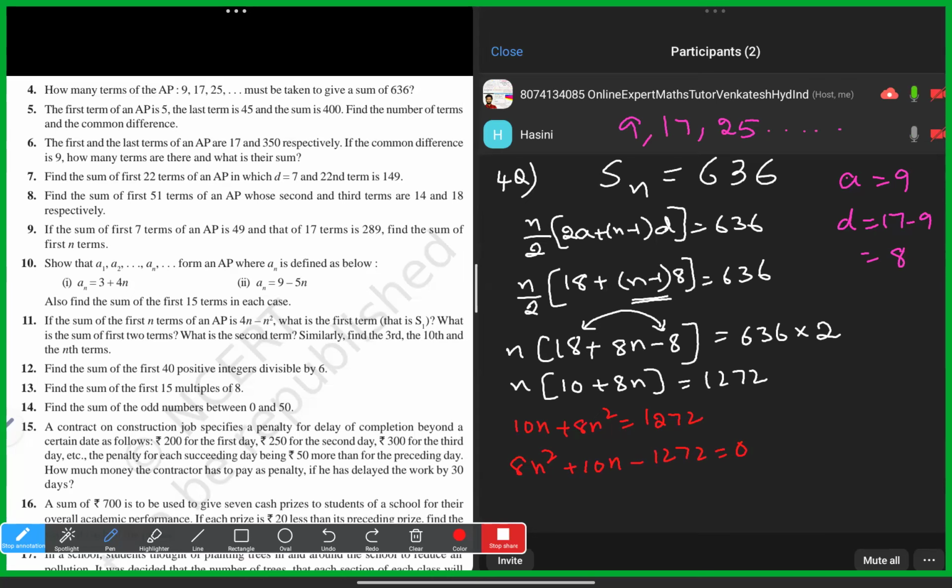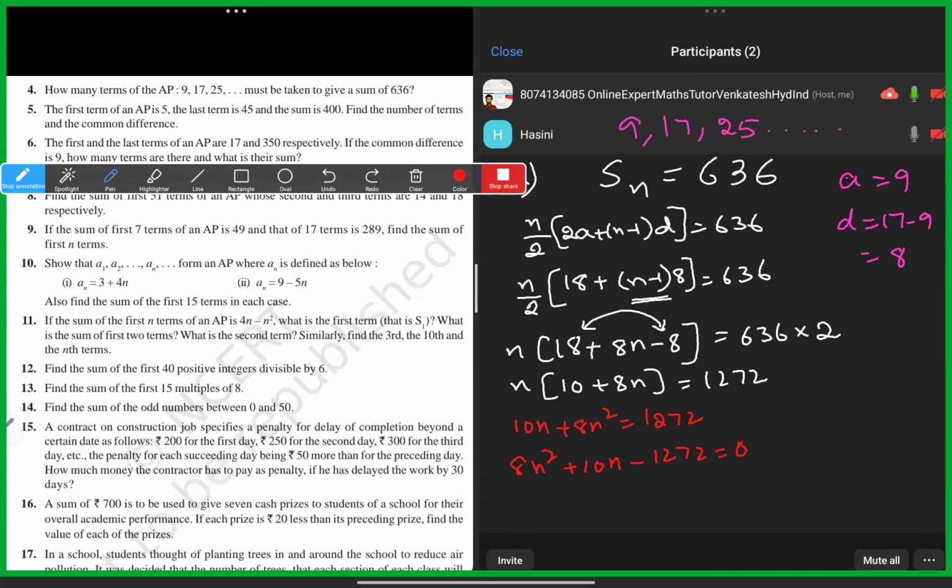So we'll take 2 common so that this becomes a little smaller: 2 into 4n square plus 5n minus 636 is equal to 0. So 2 goes to the right side, 0 by 2 is 0. So it finally becomes 4n square plus 5n minus 636 is equal to 0.